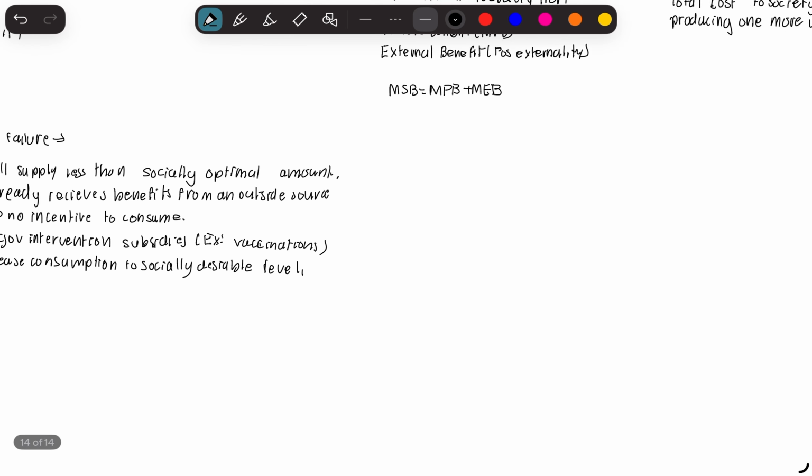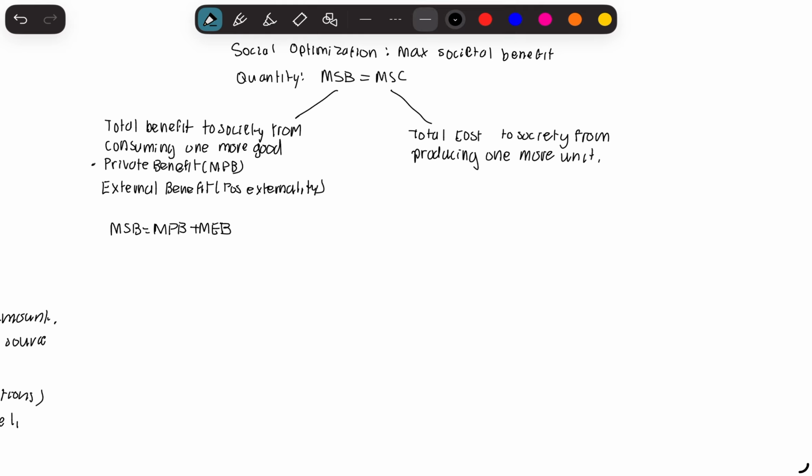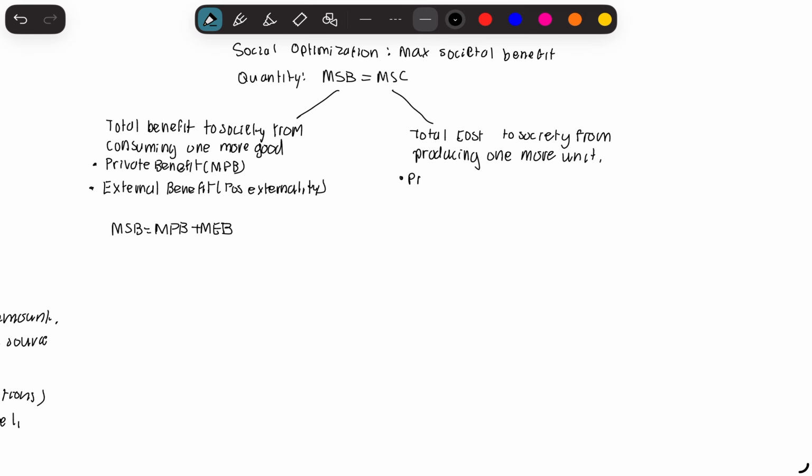Now back to MSC, it is going to include your private cost, your MPC, and also your external cost, which are your negative externalities. So your equation is MSC is equal to MPC plus MEC.